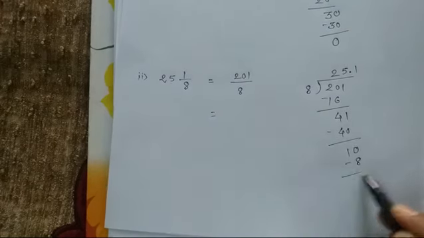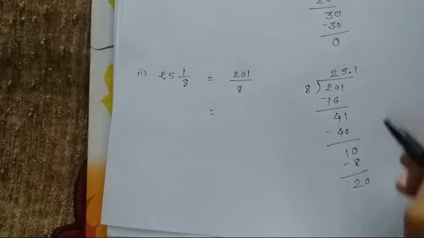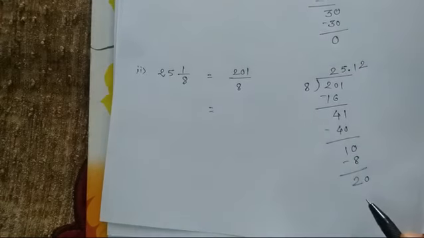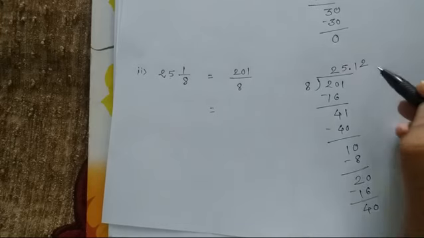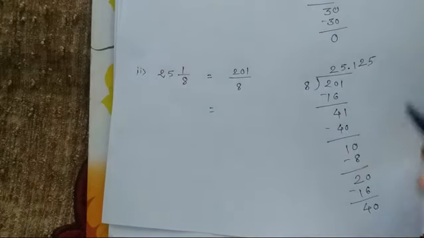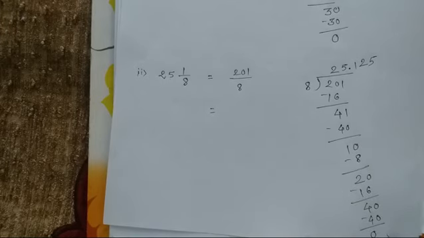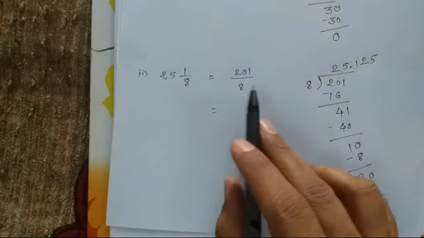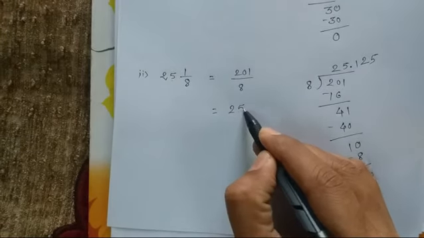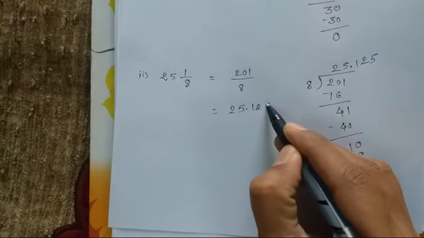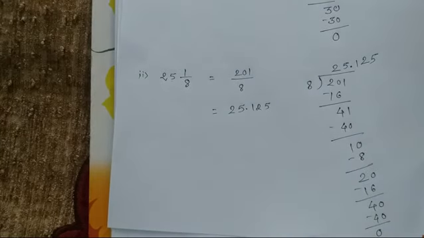Remainder is 2. 8 twos are 16. Now remainder is 4 and 8 fives are 40. Now this is the complete division process. We got 0 as a remainder. So the conversion of this fraction into a decimal number is like this: 25.125. Thank you, students.